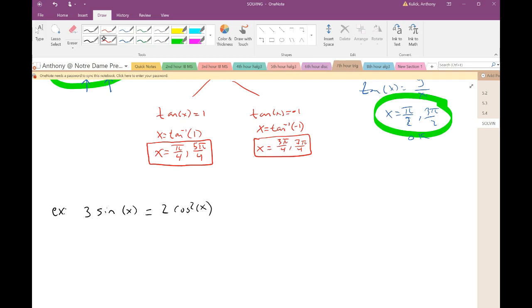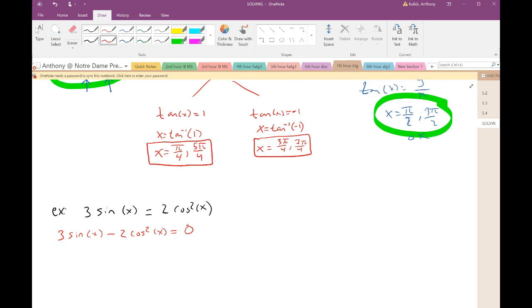In order to solve these things, eventually this has to be equal to 0 is usually what we want. So I think maybe the first thing I do is just subtract that 2 cosine squared from both sides. But now it seems like we're kind of stuck, right?